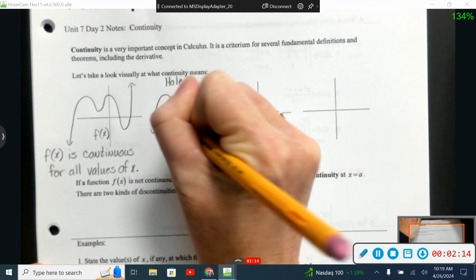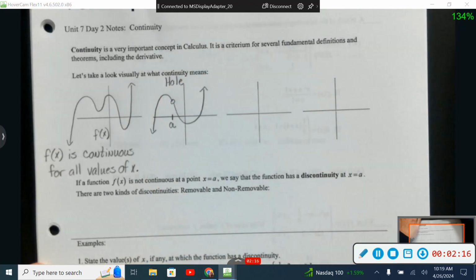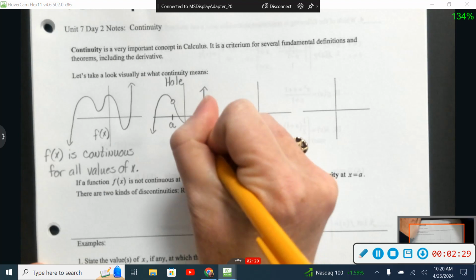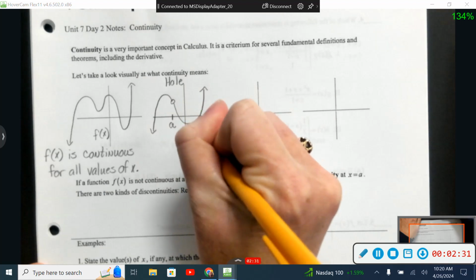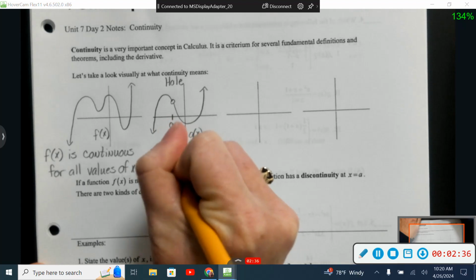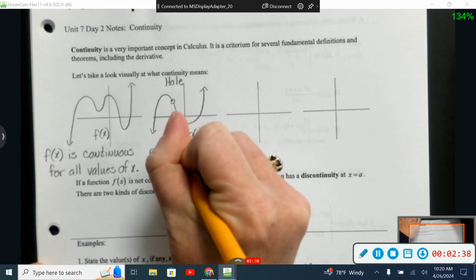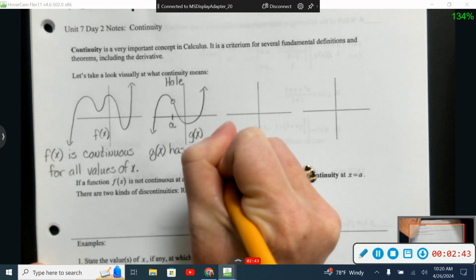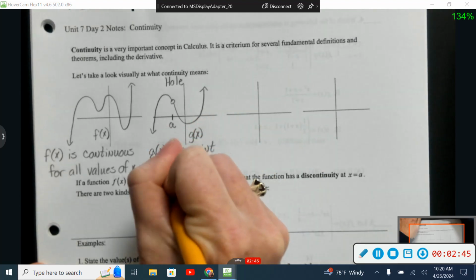I'm going to say that the hole is happening at an x value of a. It could be like negative 2 if you wanted to assign a number to it. I'm going to call this graph g of x, just so that I can talk about it, and I'm going to say that g of x is discontinuous, and this is what we call point discontinuity.